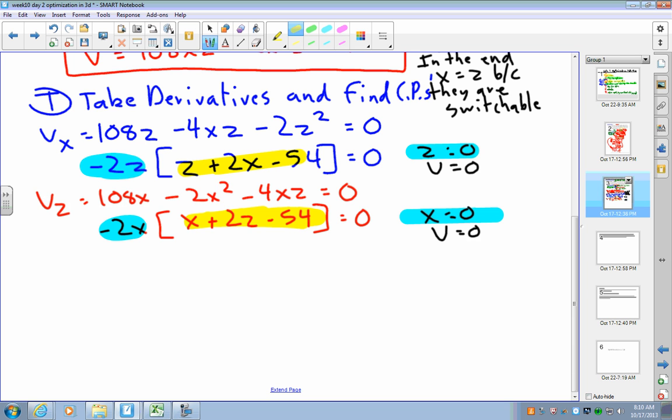So, let me just line them up a little bit. I got z plus 2x minus 54 needs to equal 0. At the exact same time, I need this one to equal 0. Okay. Let's see. What could we do to solve this?